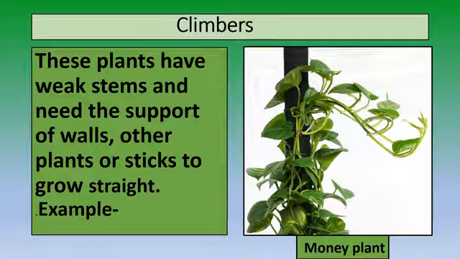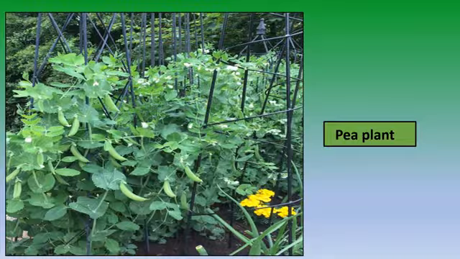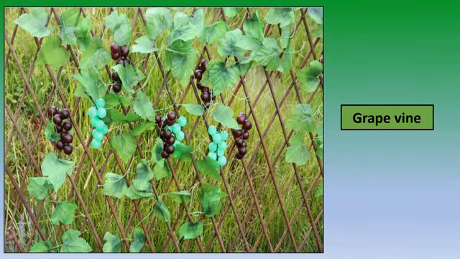Now let's have a look at some more examples. Pea plant, grapevine. So children, climbers are plants which have a weak stem and they need support to grow straight.